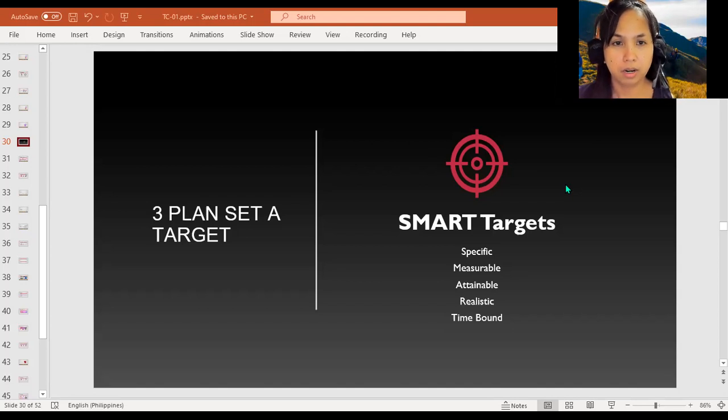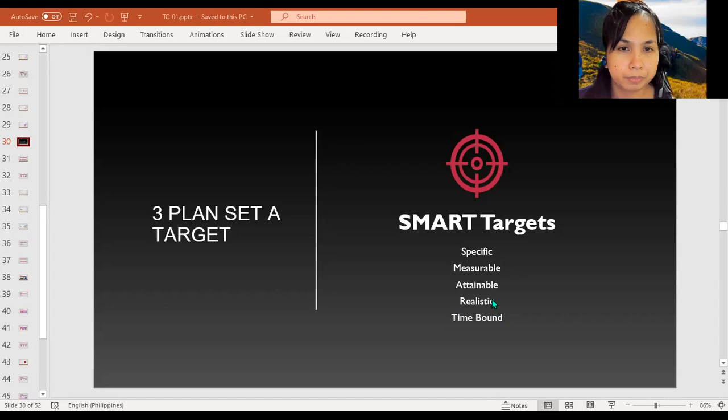Next, the R in SMART stands for realistic, okay? And this is closely linked with being attainable. So you must take care to always set goals and targets that are both realistic and challenging at the same time.